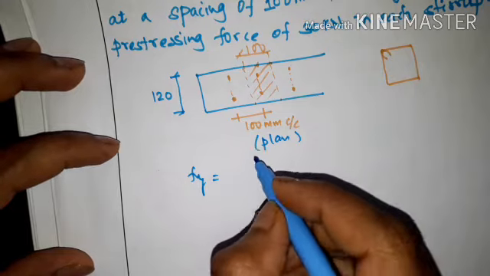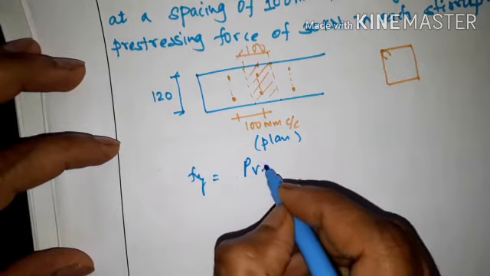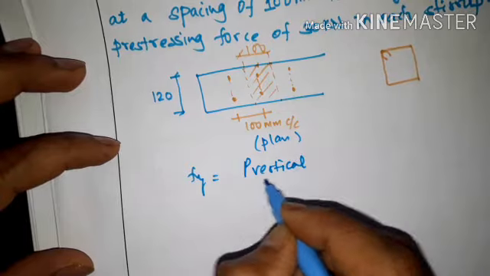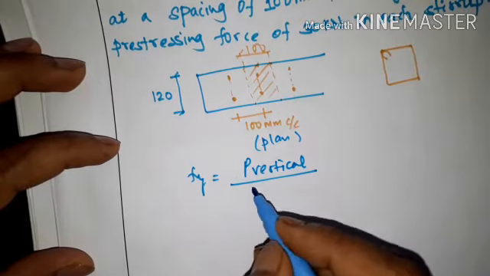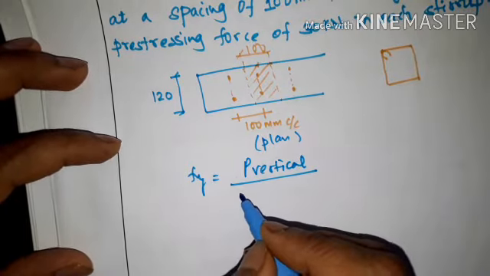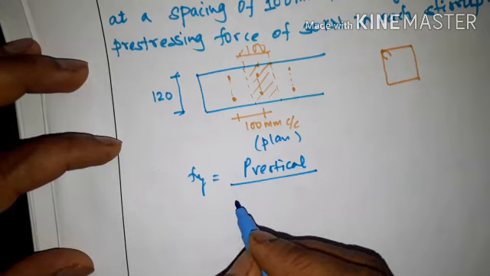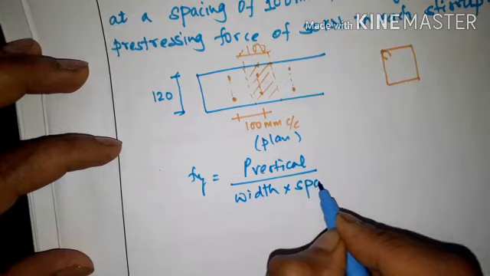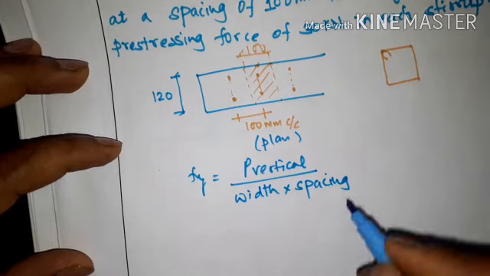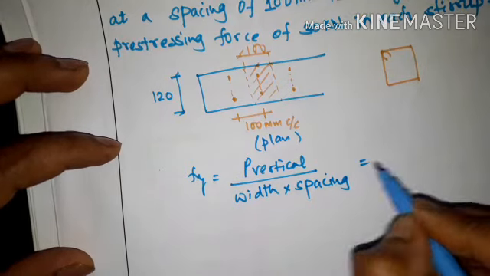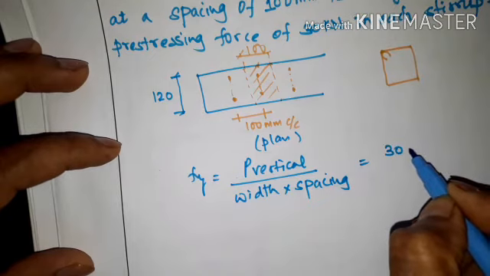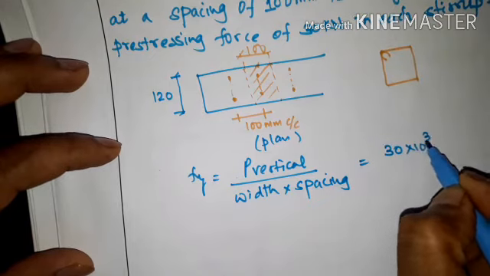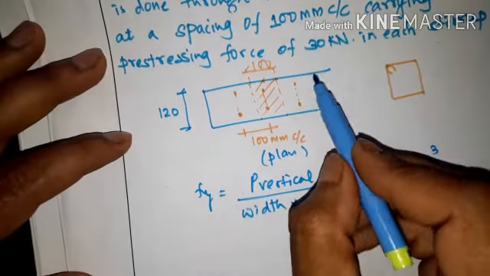P vertical, that is the vertical pre-stressing force, divided by width into spacing. Okay, so the P vertical is 30 into 10 to the power 3, as given here. The vertical pre-stressing force is given as 30 kilonewton.